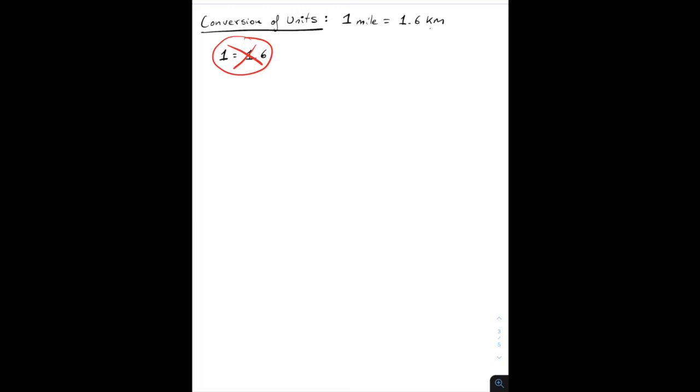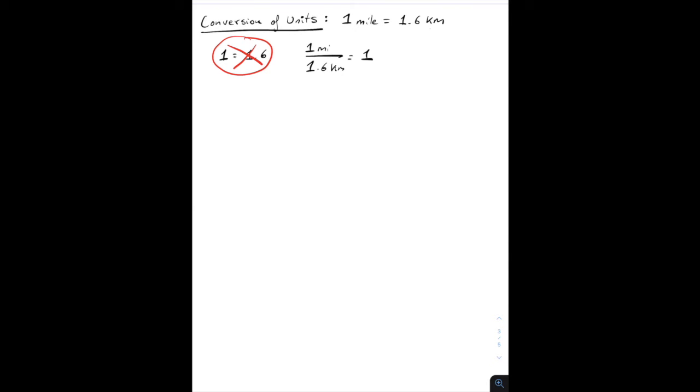So what this means is that if we take a ratio of 1 mile, or to make it short, 1 mi, divided by 1.6 kilometers, this is equal to 1, because they are equal to each other in the sense of units, not in the number specifically.